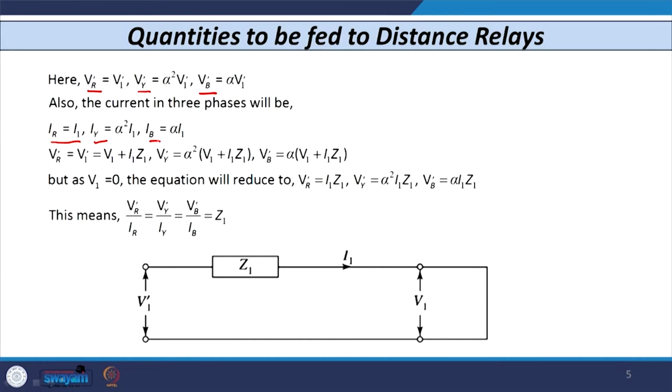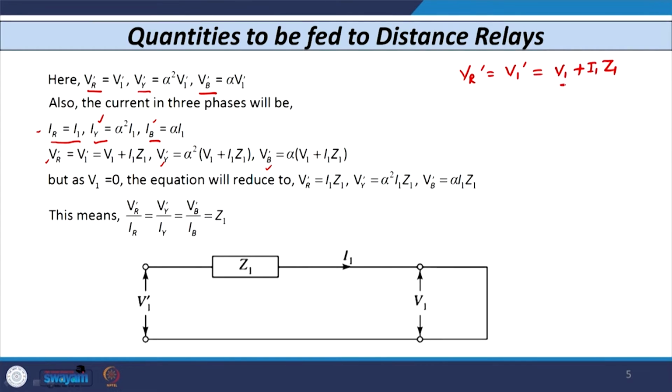With this background, we now have Vr dash and IR, Vy dash and Iy, and Vb dash and Ib. If I take the ratio of Vr dash by IR, Vr dash is V1 dash, which is equal to V1 plus I1 Z1.